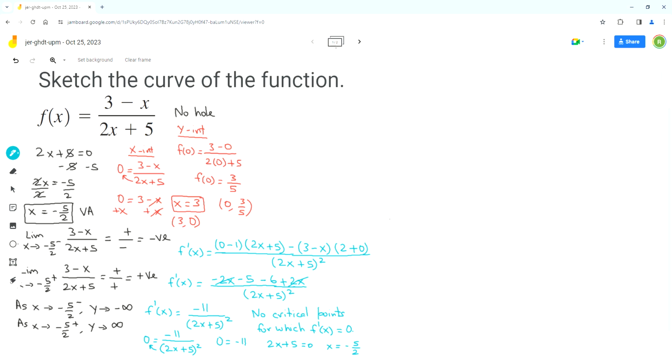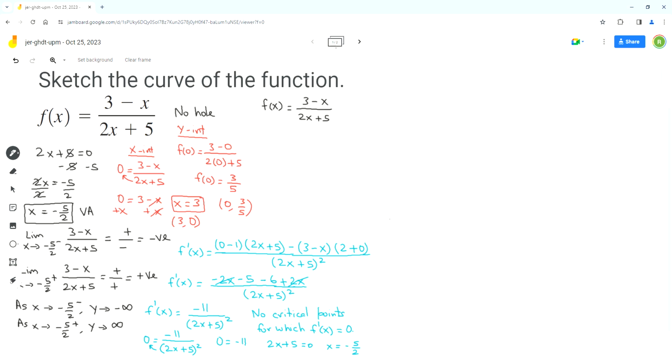So now the next step is to find the horizontal asymptote in this function. For that, we'll have to modify the given function equation. So the function is f of x equals (3 minus x) over (2x plus 5).